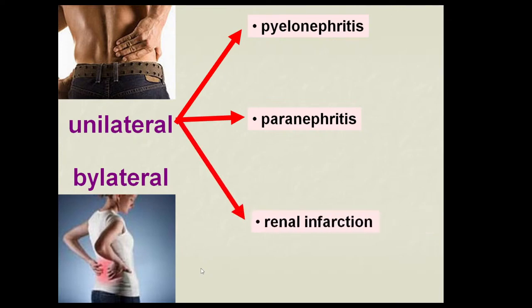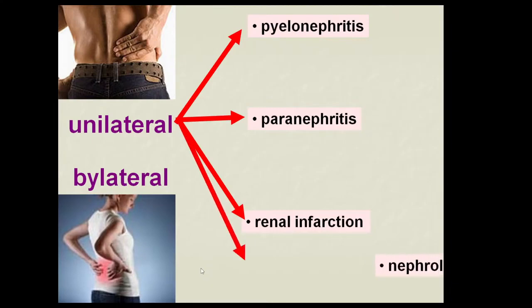Unilateral pain is characteristic for renal infarction, a pathology which appears due to obstruction of the renal artery, and nephrolithiasis, because in rare cases renal colic will be bilateral, since only rarely do both stones start their movement simultaneously. More often, pain is unilateral. Bilateral pain indicates affection of both kidneys simultaneously.